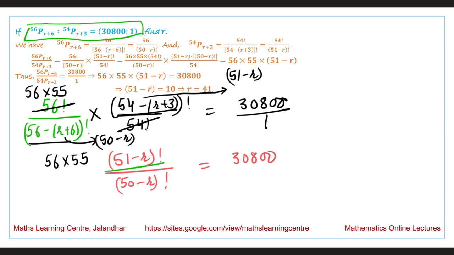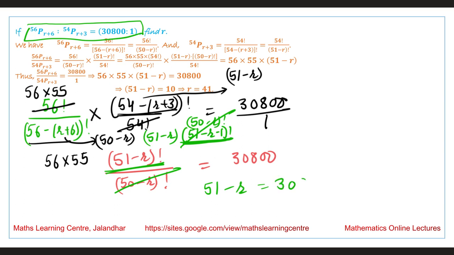Now we can write 51 minus r into (51 minus r minus 1) factorial divided by 50 minus r factorial. So these two get cancelled, and what we get is that 51 minus r is equal to 30800 divided by 56 into 55.